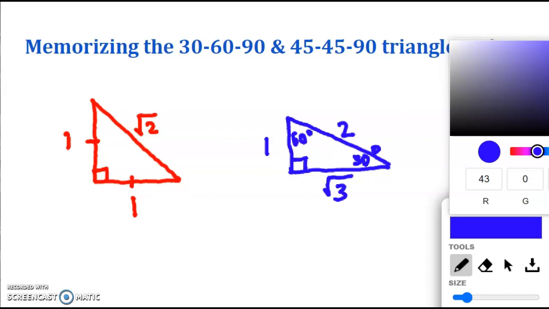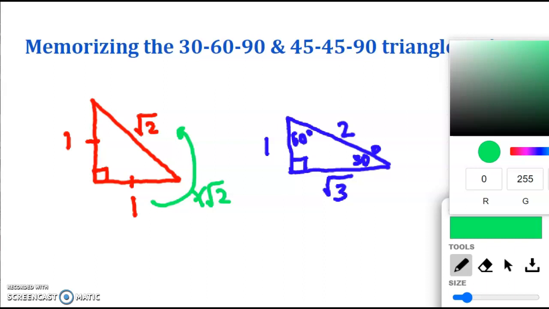Okay, so how do I use this? Well, I know that going from the leg to the hypotenuse is going to be multiplied by root 2, which means going from the hypotenuse to the leg of a 45-45-90 degree triangle, you're going to divide by root 2.